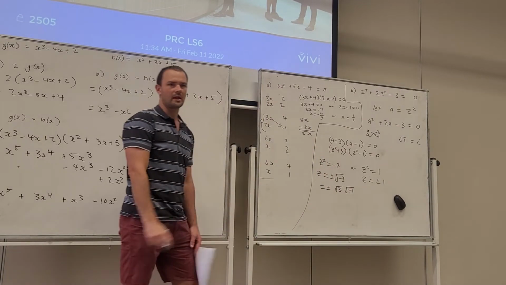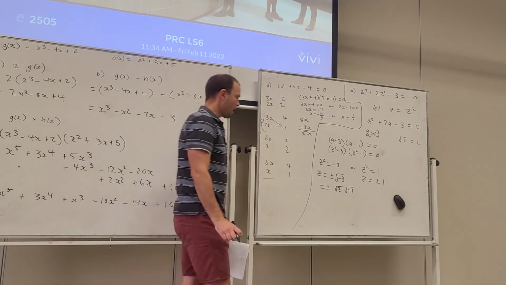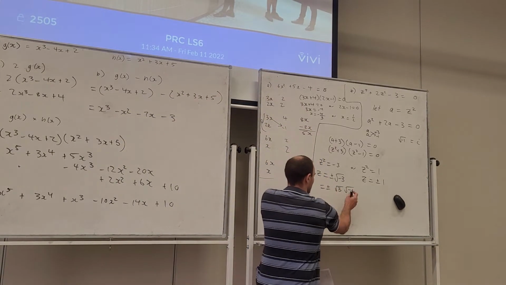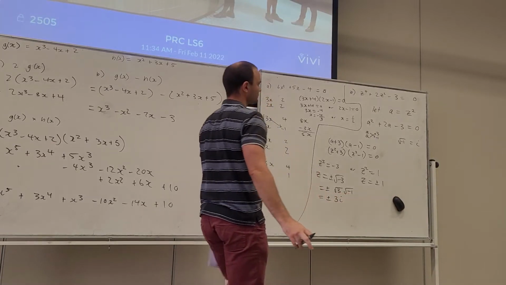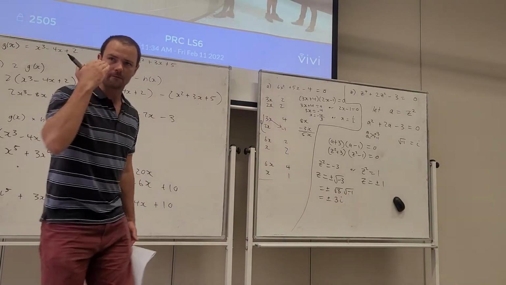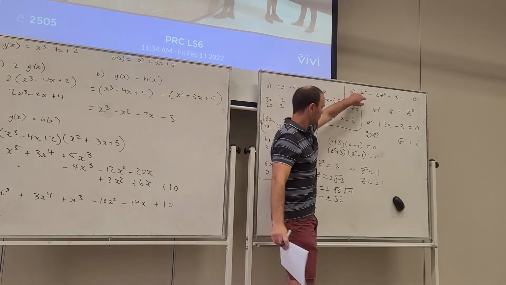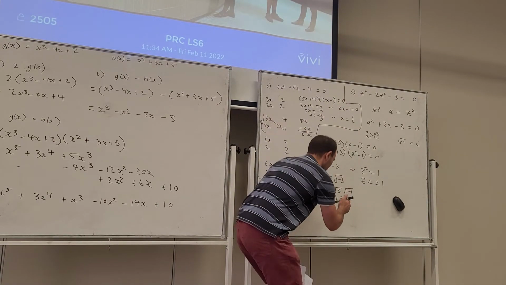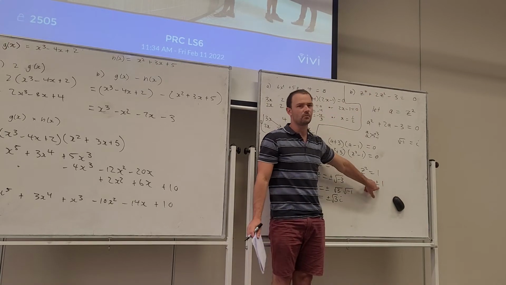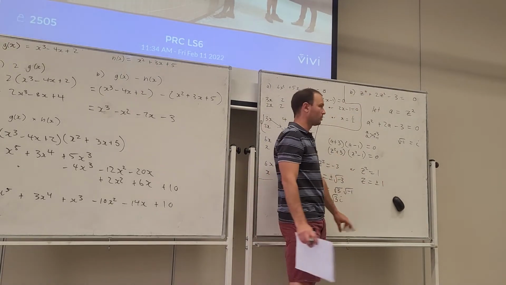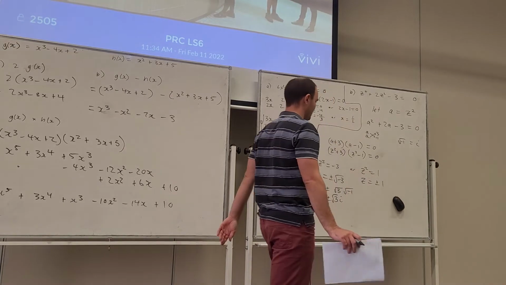Okay? So that's a surd operation. And square root of minus 1 is i. So this root is plus or minus root 3 i. So the zeros of this quartic polynomial are plus or minus root 3 i, and plus or minus 1. Okay, putting those numbers in will make the polynomial equal to 0.